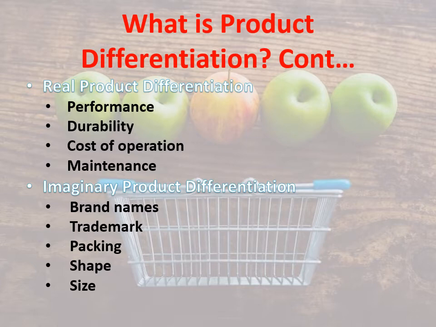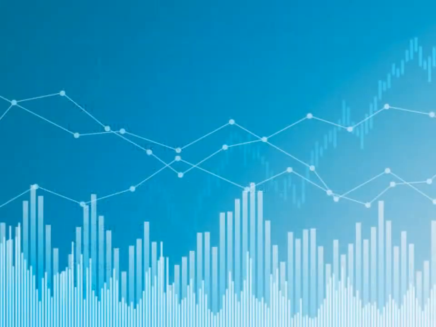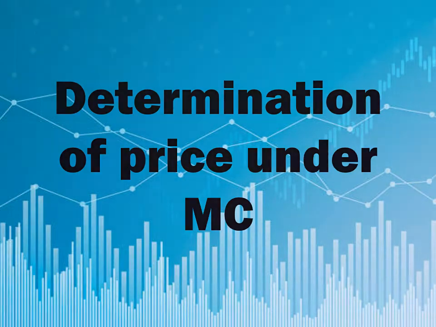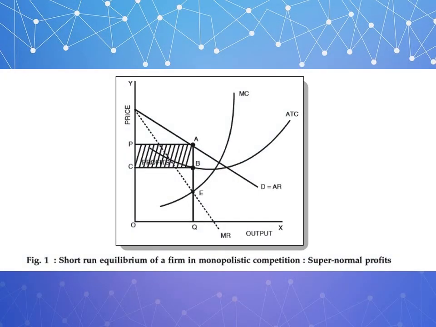Now we are going to talk about price output determination under monopolistic competition. Here we are going to talk about the profit under price output determination in the short run.